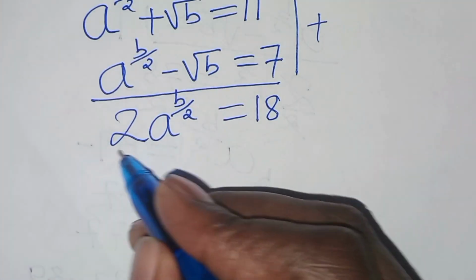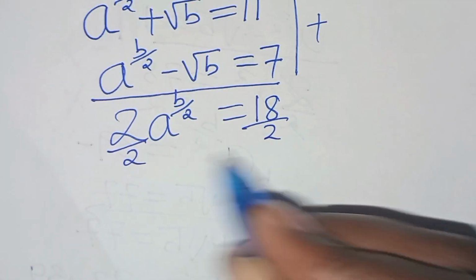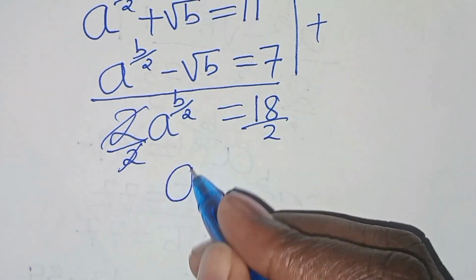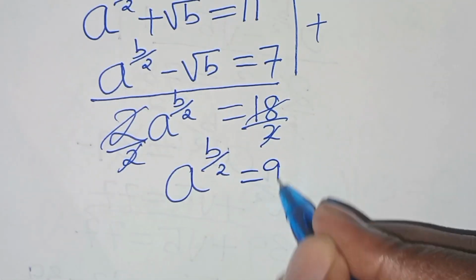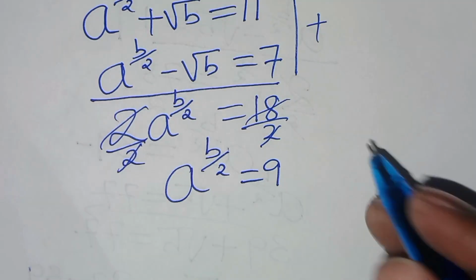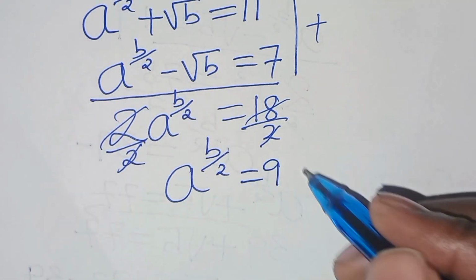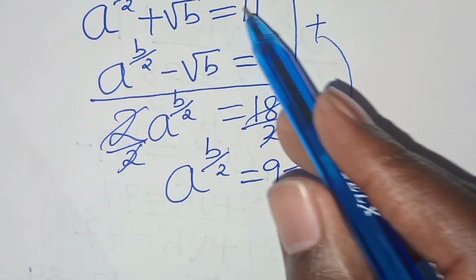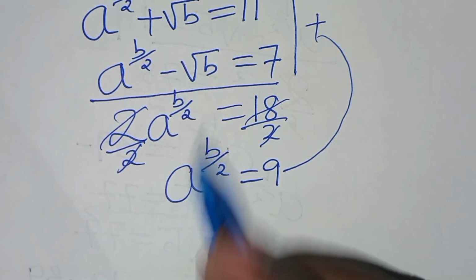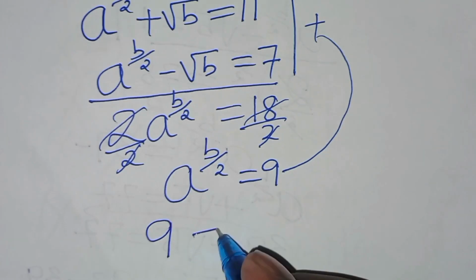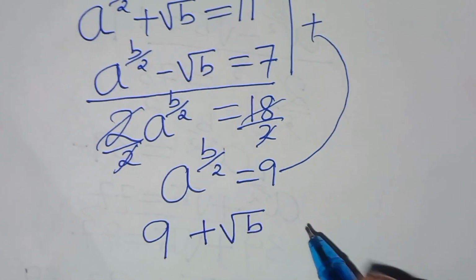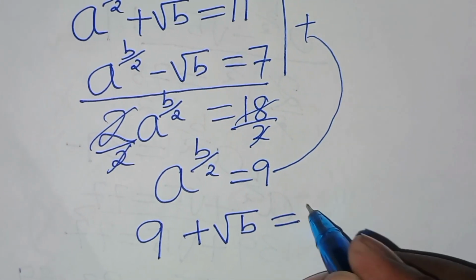So let's divide both sides by 2, so that a to power b over 2 is equal to 9. Now, let's substitute this into equation 1. We have a to power b over 2, which is 9, plus square root of b, equal to 11.